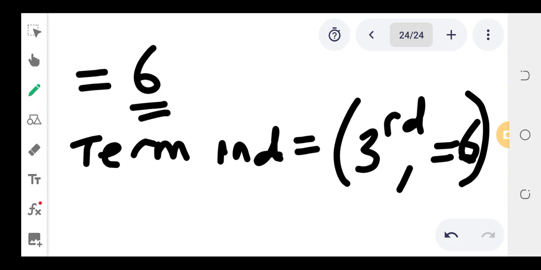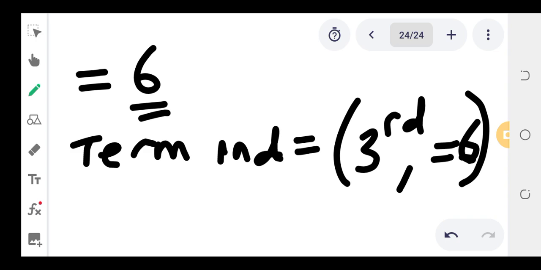So that's how we do it. So now, let's say again, there are cases when you will be given a very complicated problem.